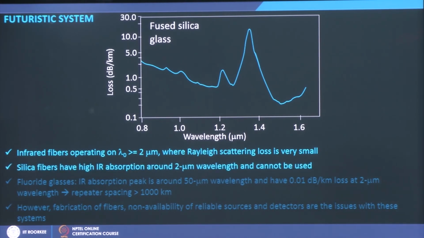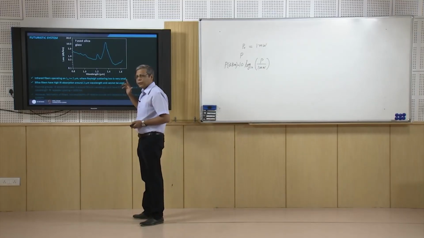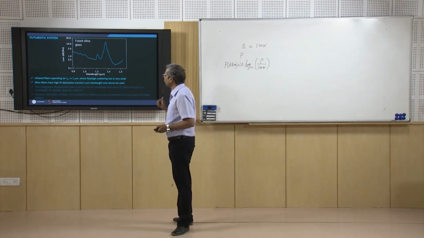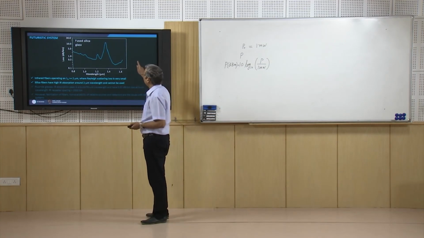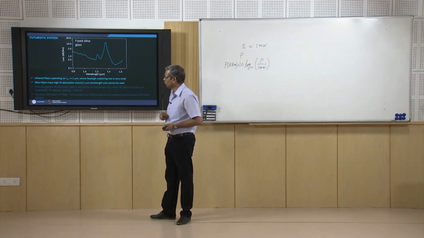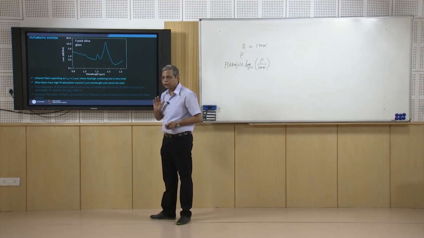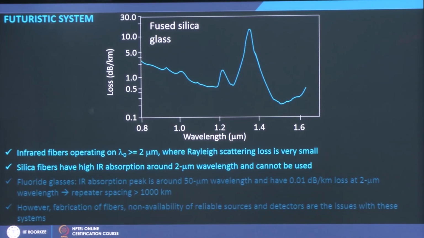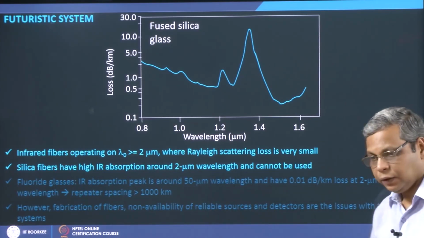But at the same time, if I use silica glass fiber, then infrared absorption is very high at around 2 micrometer wavelength. So, I cannot use silica glass fiber if I work at 2 micrometer wavelength. Then what to do?